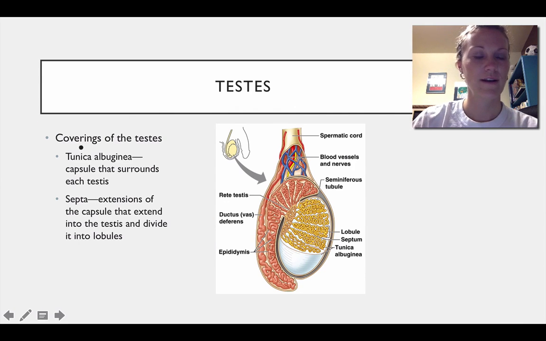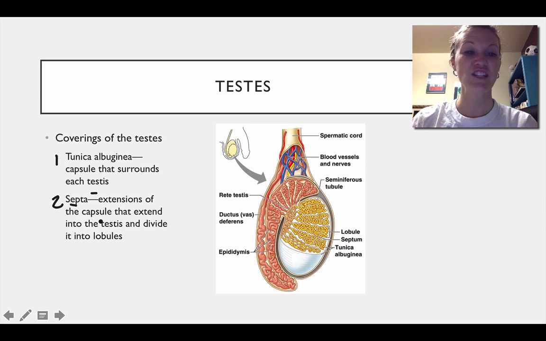All right, so the next part, we have a couple of things that cover the testes. It's made up of two protective coverings. The first one is the tunica albuginea, a capsule that surrounds each testis. The septa are the extensions of the capsule that extend into the testis and divide it into different lobules.